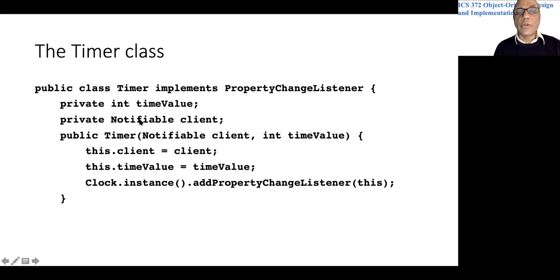The client is a notifiable, regardless of what their actual type is. They are all implementing notifiable, and that's all the timer cares about. When a timer is created, the notifiable sends its own reference and the initial value for the timer. They are stored, and the timer object adds itself as an observer, as a listener of the clock.